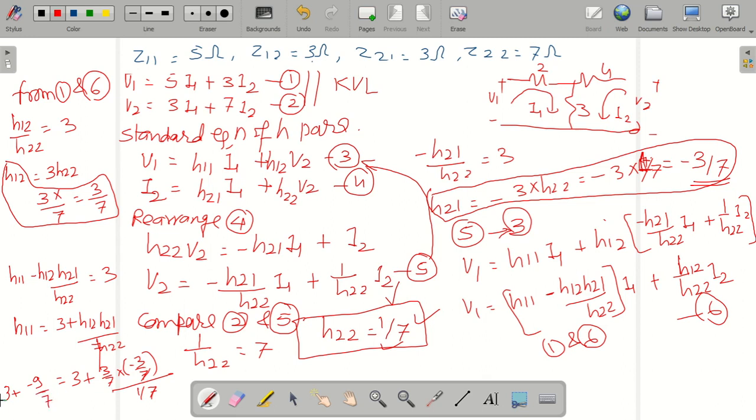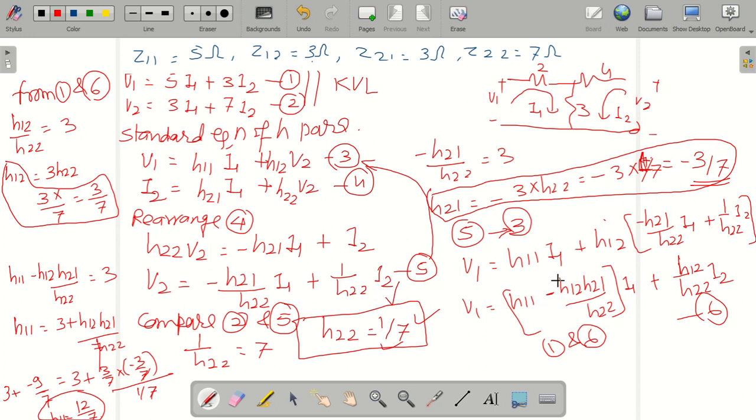Okay, so 21 minus 9 is 12, by 7. Okay, so I am getting H11. So I am getting H11 is 12 by 7. So okay, so I got H11 is 12 by 7.